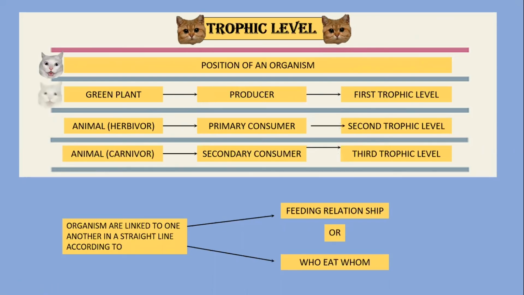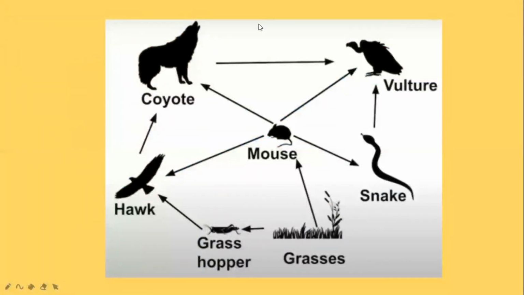The animal that eats the green plant, which is a herbivore, is in the second trophic level, and the animal that eats the herbivore is in the third trophic level. So basically, trophic level shows how organisms link to one another in a straight line based on feeding relationship, or who eats whom.